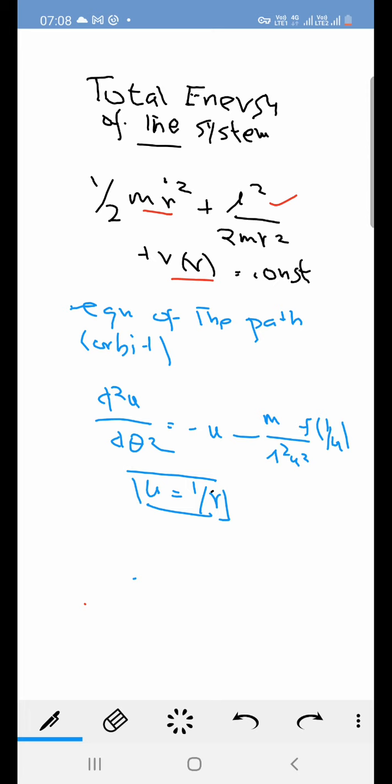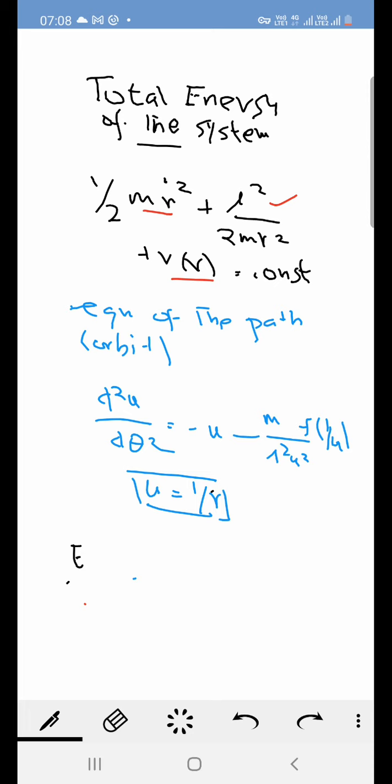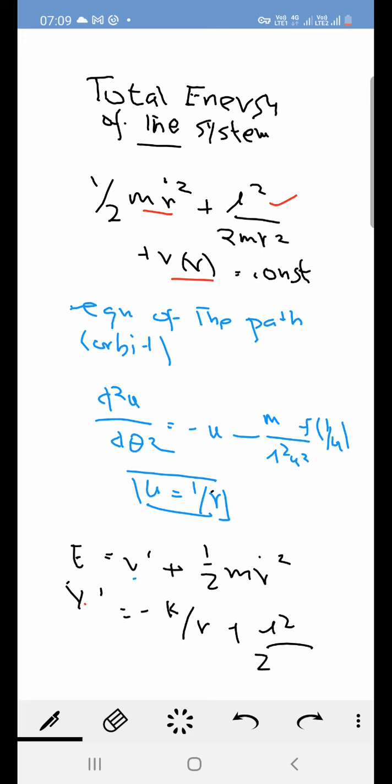So the equivalent one-dimensional problem will be: the energy is equal to V dash plus half m r dot squared, and the potential V dash will be equal to minus K by r plus L squared divided by 2 m r squared. So this is the equivalent one-dimensional total energy and potential energy.